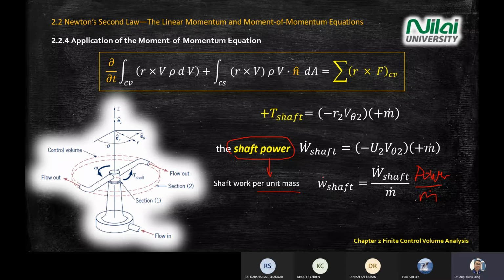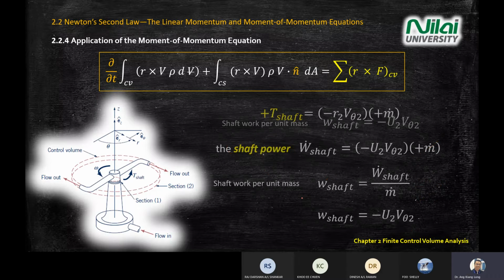For work per unit mass I use small w with a sharp notation. So if you divide by m dot, you cancel the m dot, you arrive at minus U2 V. So you get small w shaft.